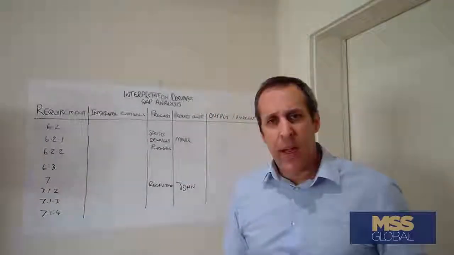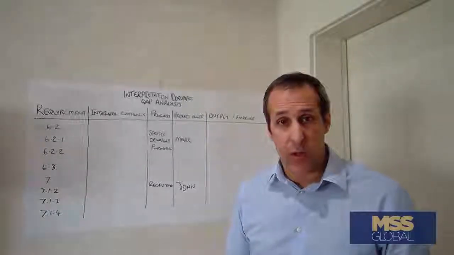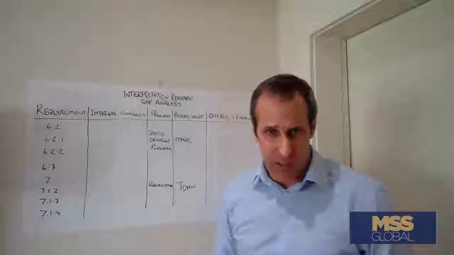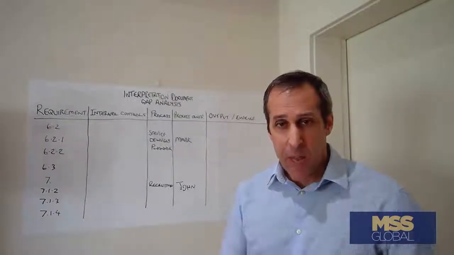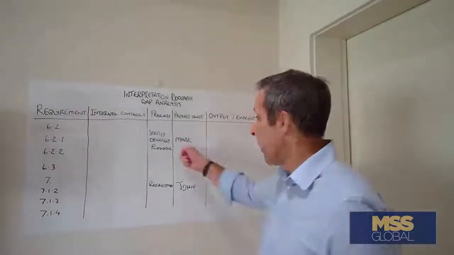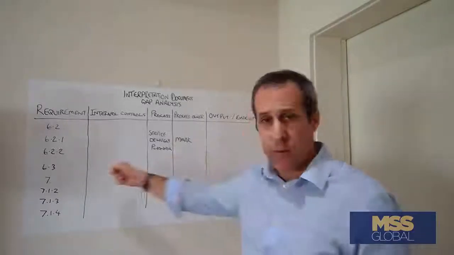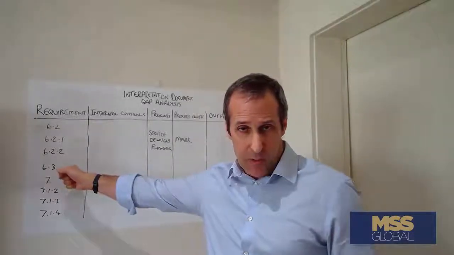So when an external assessor comes to your organisation and they want to understand how it is you achieve these particular requirements, you're able to bring them to the owner of the process that's most likely to encompass or achieve those requirements.